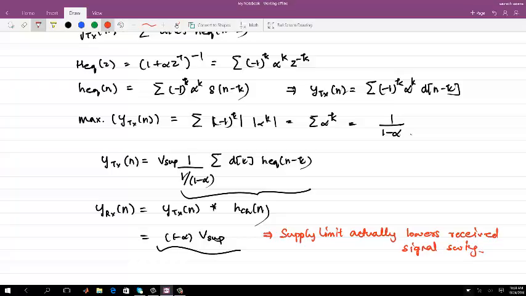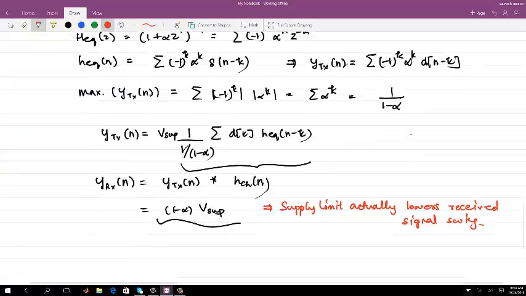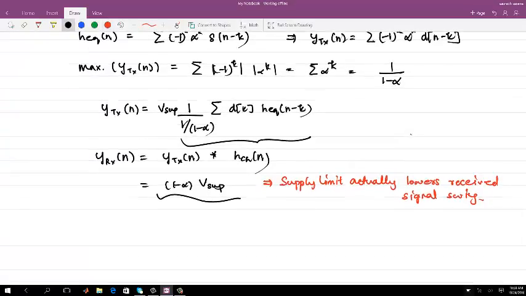This is one of the reasons that you cannot do a lot of equalization on the transmitter side, because your signal swing at the received end will just reduce. So, since there is a limit on the transmitter side, you go and try to do the equalization on the receiver side. There are other reasons also, but this is one of them.